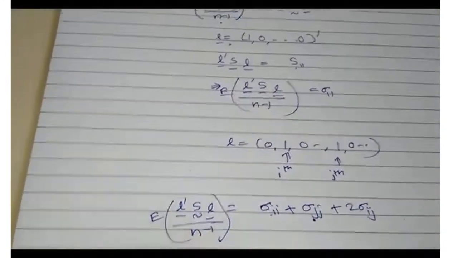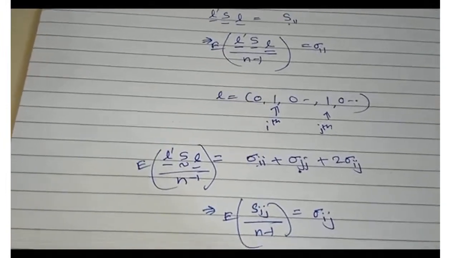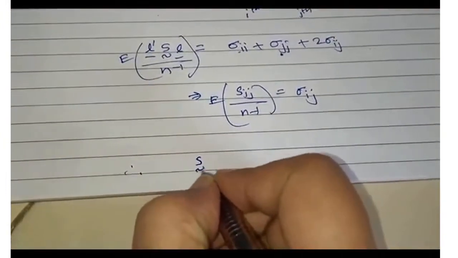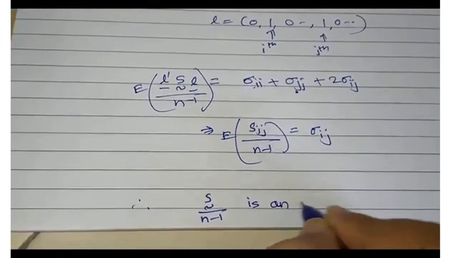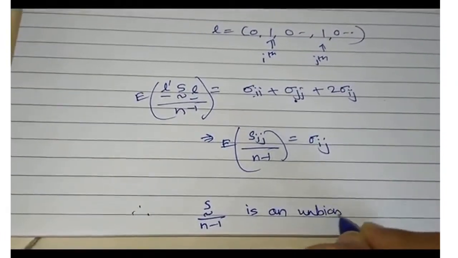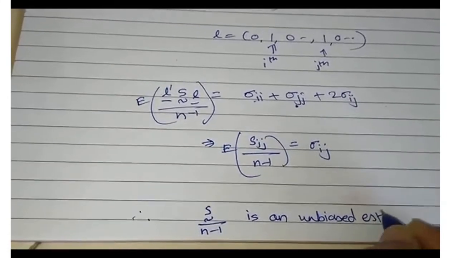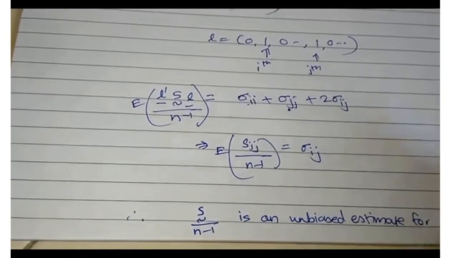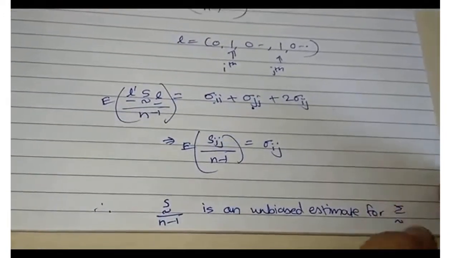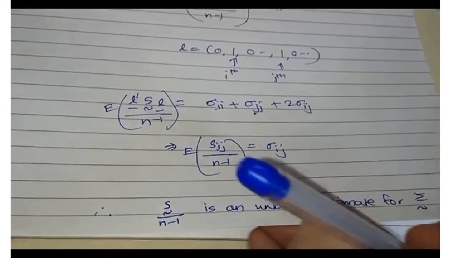Therefore, the S matrix, the CSSP matrix, divided by n minus 1 is an unbiased estimate for sigma. So this is how we get unbiased estimates for mean as well as variance.